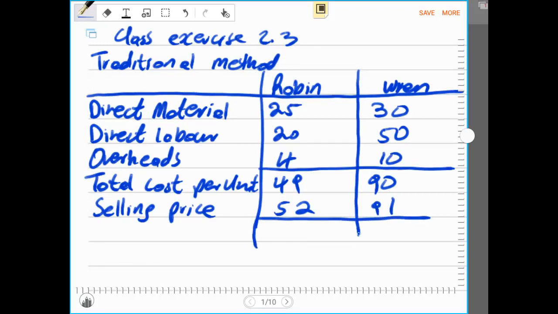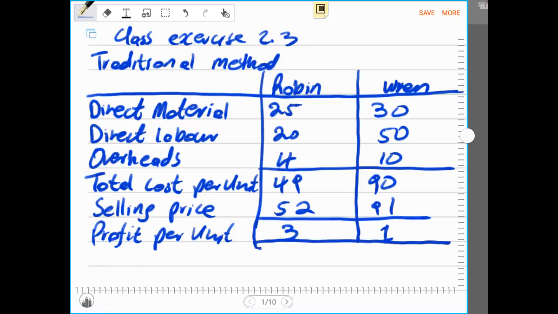Then from here we can determine if we have made a profit or a loss per unit. Profit per unit will give us 3 rand here, and 1 rand here. So in this case we made profits in both products: for the first product the profit is 3 rand, and for the second product the profit is just 1 rand.